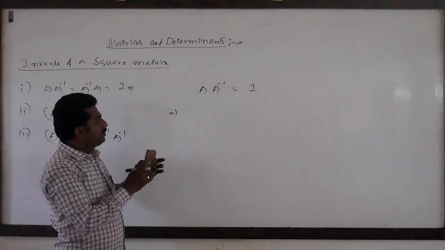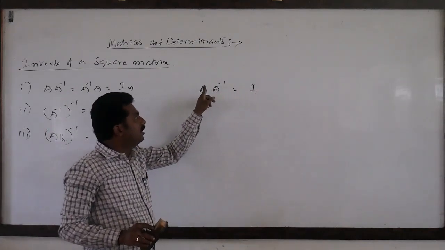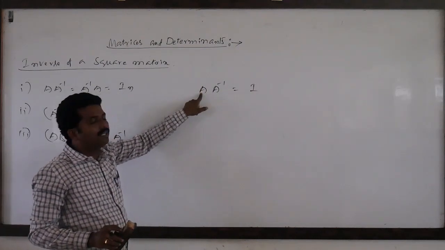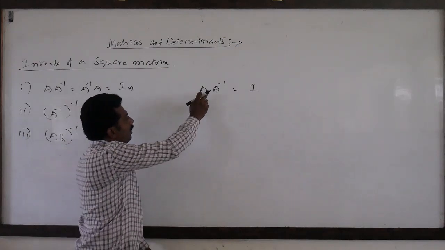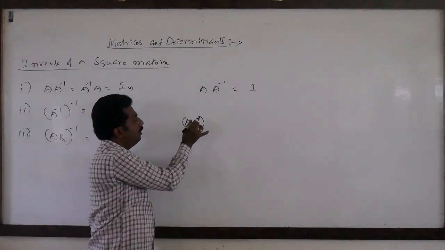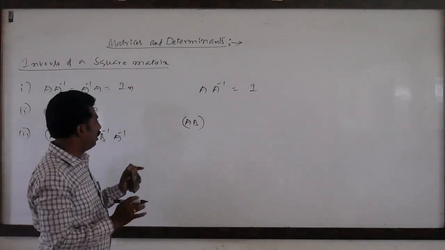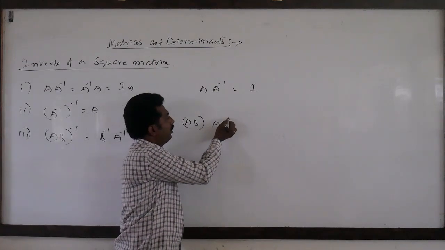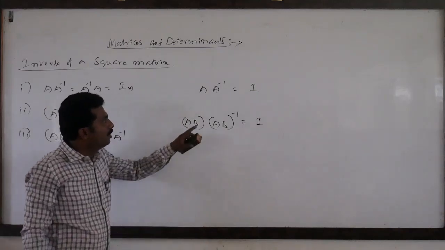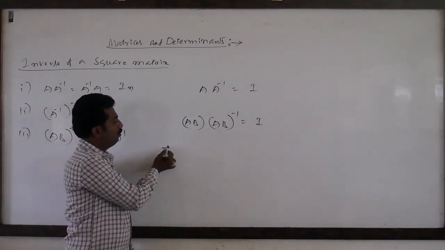Similarly, if you prove that the product of any two matrices is identity, it means A is invertible, so A inverse is nothing but A. Now, taking AB into AB whole inverse equals the identity matrix, wherever A is there, in that place I am taking AB.